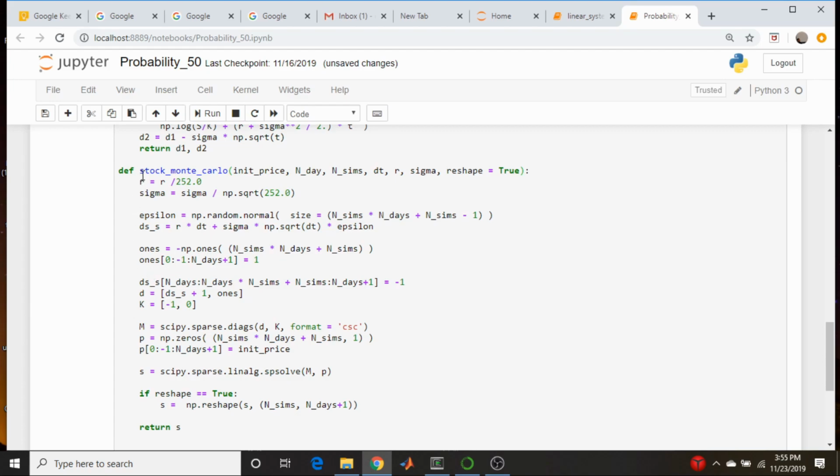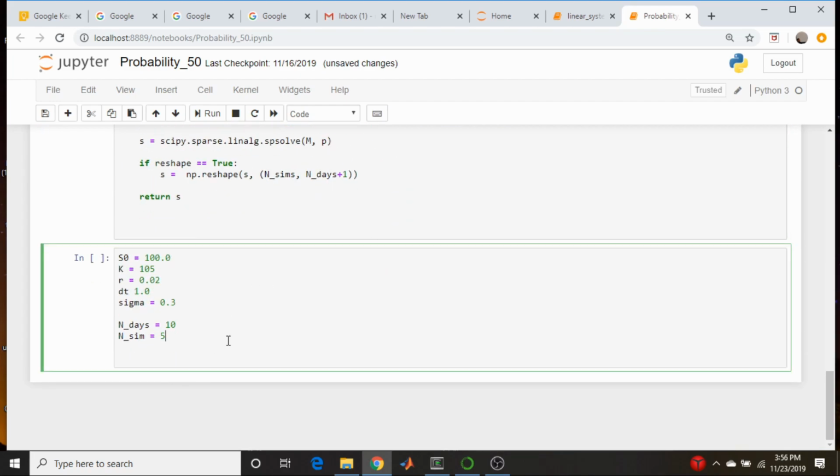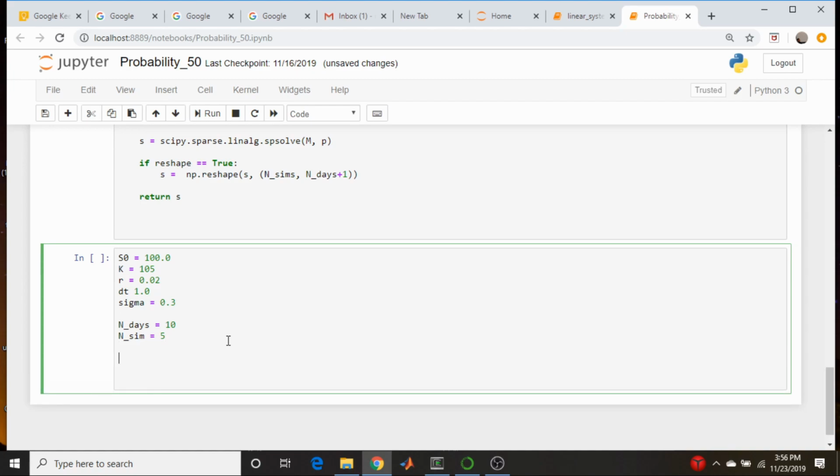So let's just copy all of this. Come down here. Paste. We don't need that colon. Our initial stock price, we called it S0 here, so let's go back. S0, and days is good, and sim, let's make it n_sims. dt, r, sigma, okay, so hopefully this will actually run.